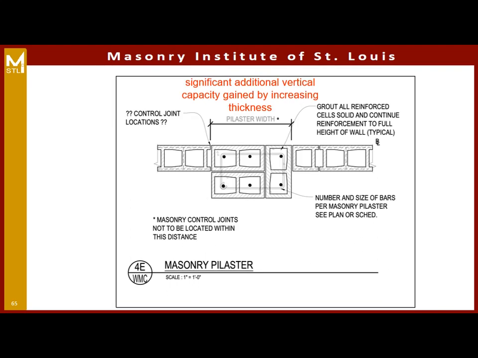If we need more capacity, we can add width to our wall to resist that axial load. I think everybody's used to seeing pilasters like this in concrete construction. We can do it in masonry as well, and gain significant additional vertical capacity by adding width to our wall.